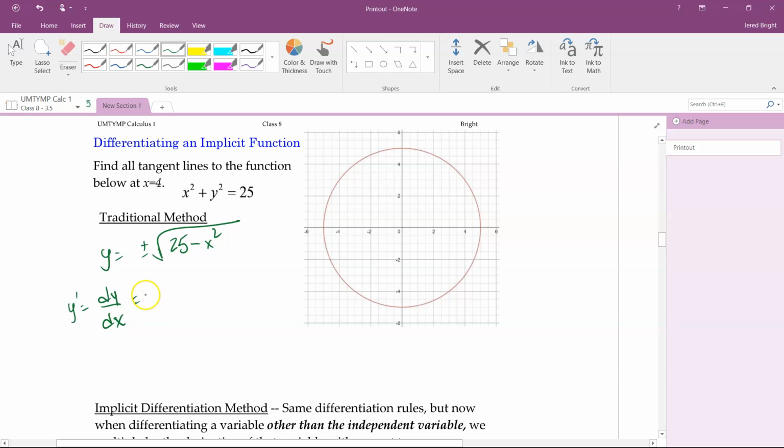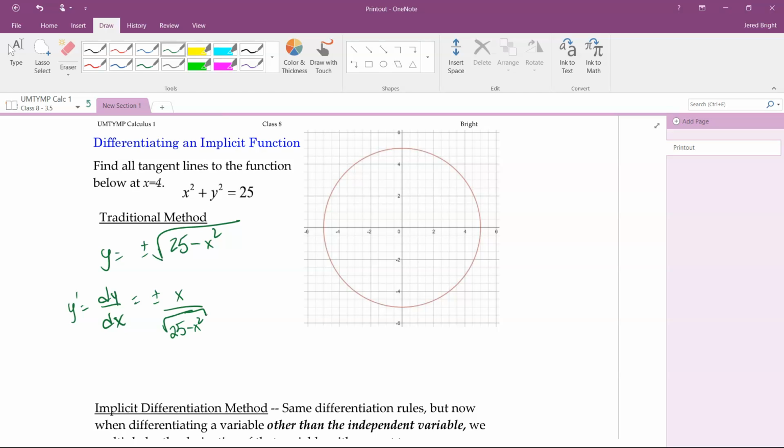Then we would get plus and minus, and I'm skipping a lot of work, like you'd have to do the chain rule and so on. You end up getting plus and minus x over the square root of 25 minus x squared. Then you can go on, sub in 4 to get the slope, and then find the tangent line. Yes, we get the point, we can do that.